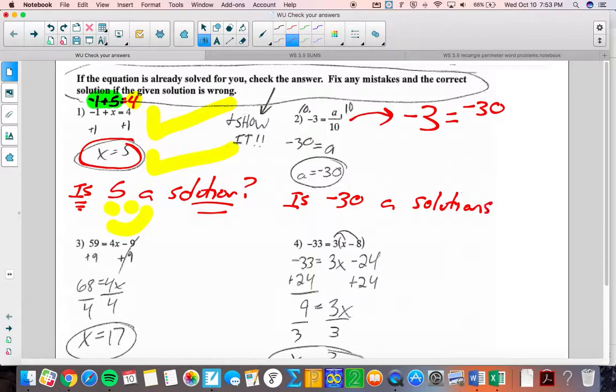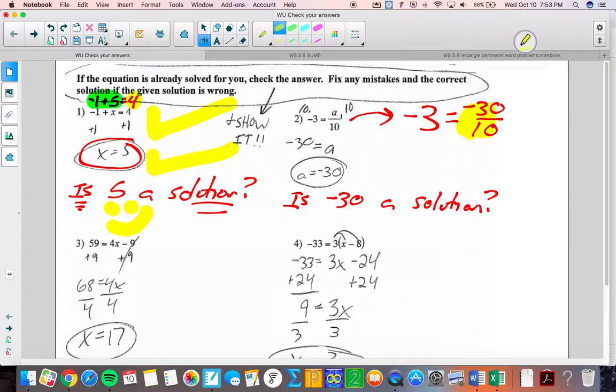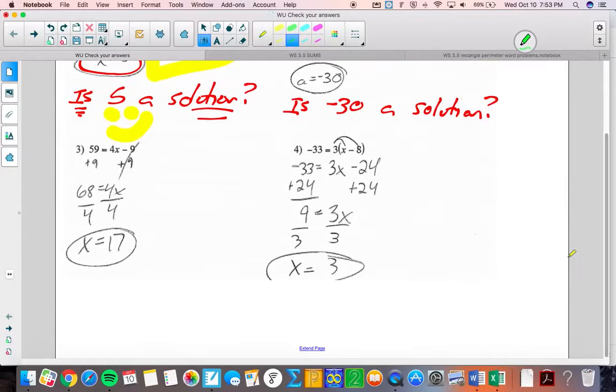So I substitute negative 30 in for the variable, and then I have to divide a by 10. So I'm questioning, is negative 30 divided by 10 actually equal to negative 3? And guess what, folks? When I punch it in my calculator or use my noggin, it truly is. That's awesome. Wow, I'm doing so well on this quiz.